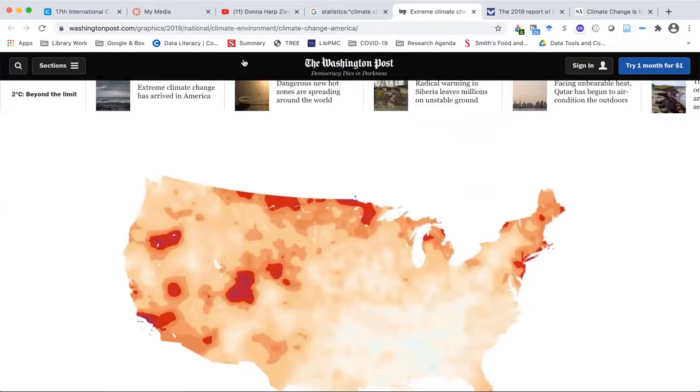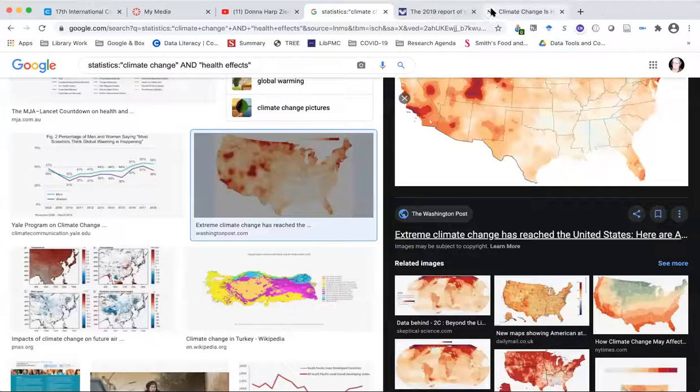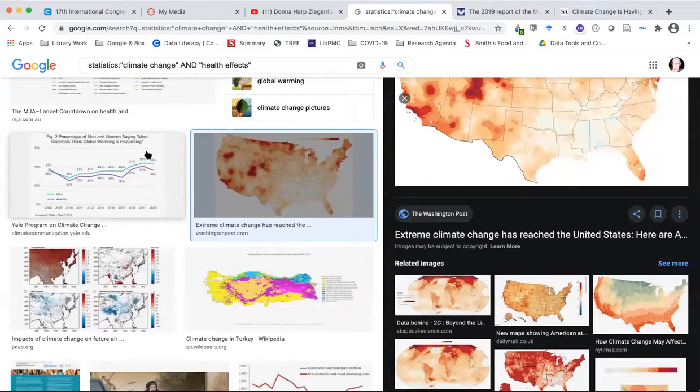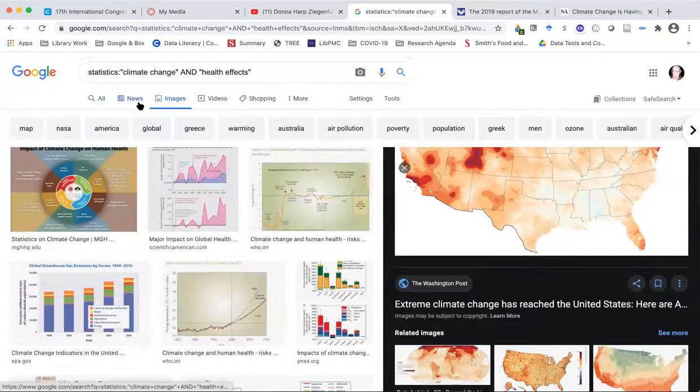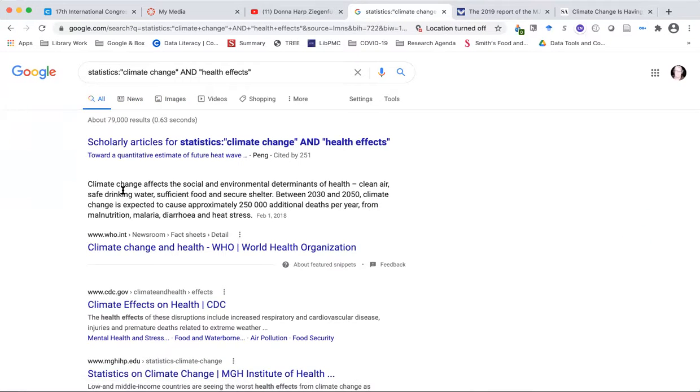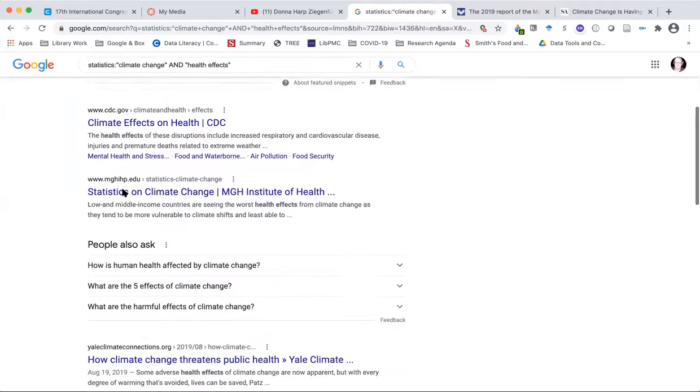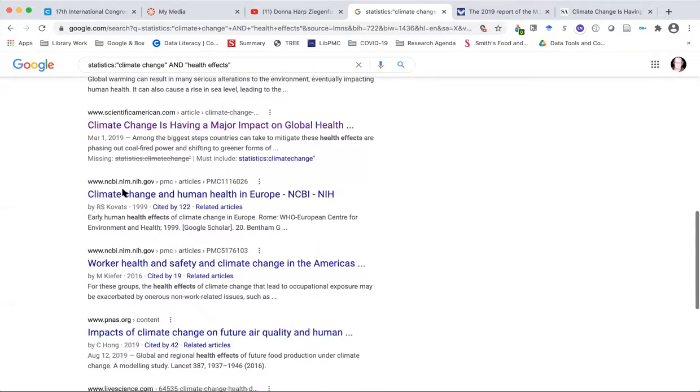So that's good. But sometimes with Washington Post, you also have to pay for those resources. Okay. So in Google Scholar, you're going to be finding stuff that's published in journals. When you're searching in regular Google, you're not sure where this information is published. So you do need to be careful about what you're finding.